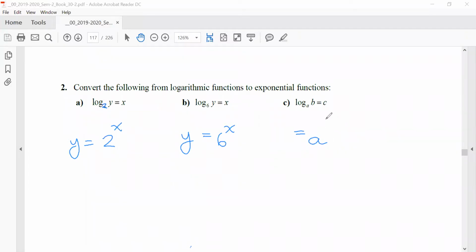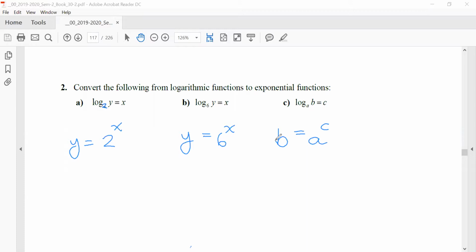So I'm going to go log base a to the exponent c is equal to b. Just like that. Okay, so again, every time my little expression is going to stay the same. My base stays the same, my other two parts switch.